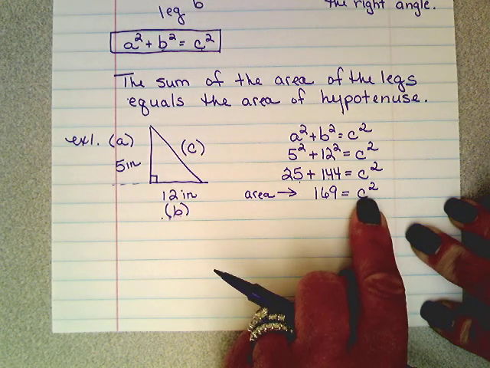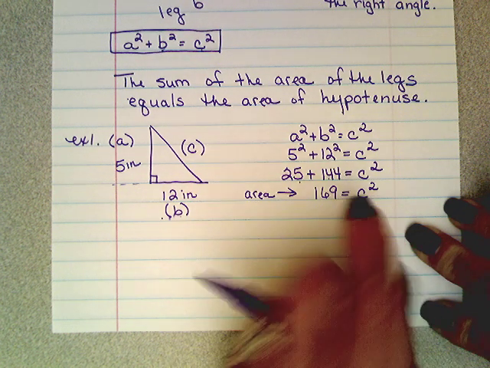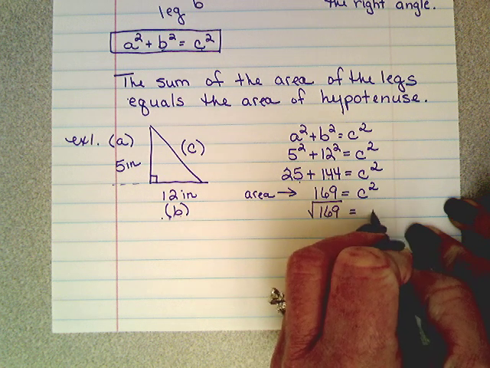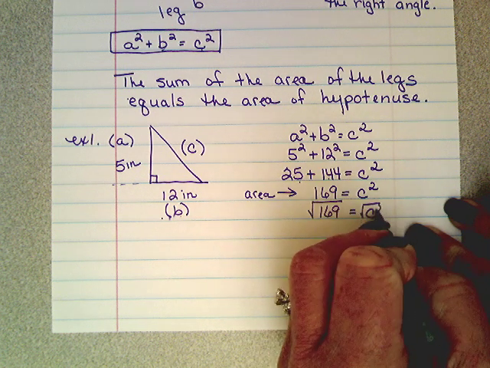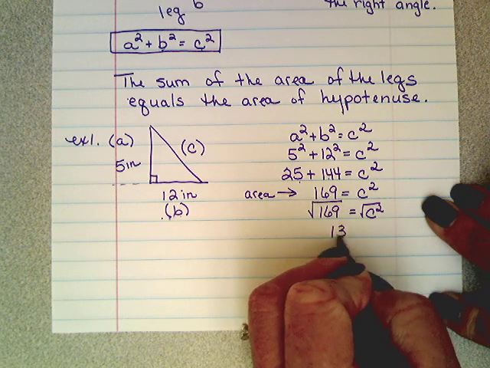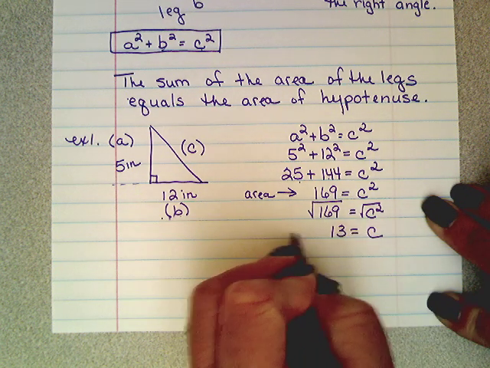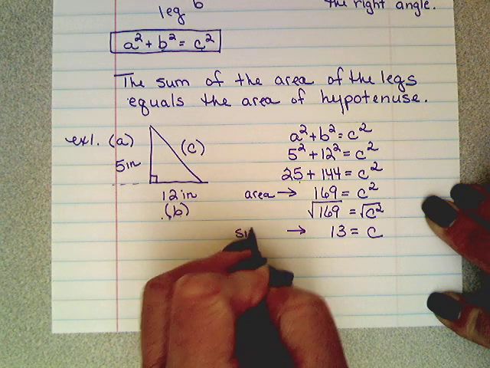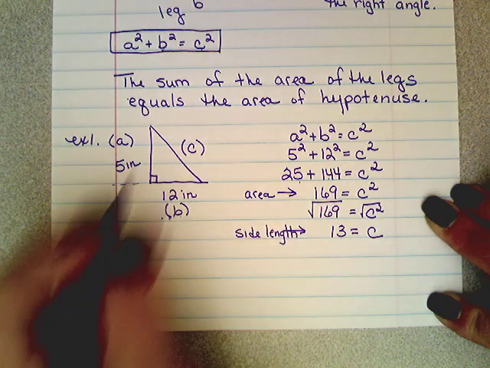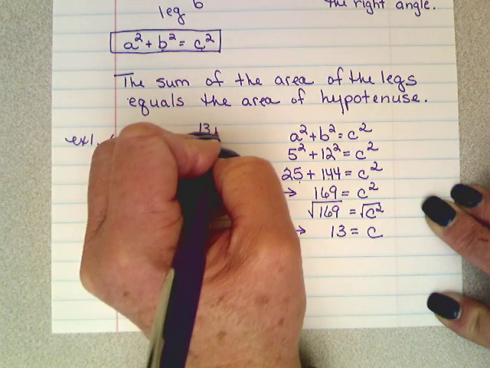C is squared. So we want to take the square root of both sides. When we take the square root of both sides, we would have 13 equals C. This is your side length. So 13 inches.